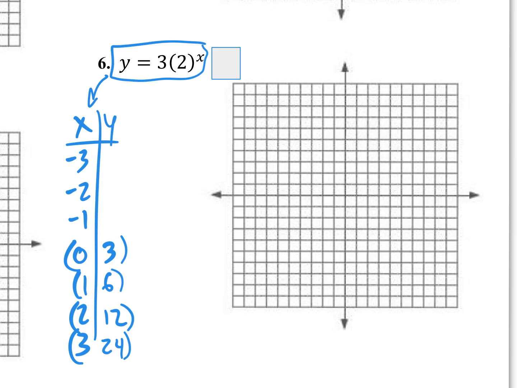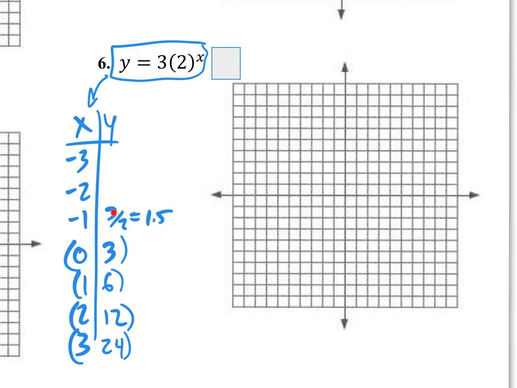Now, let's keep in mind that going this way, it was growing by 2. 3 times 2 is 6, times 2, times 2. Going backwards, it's dividing by 2, which is the same as multiplying by half. 24 times half is 12. Half of 12 is 6. Half of 6 is 3. What's 3 times half? If you do that on the calculator, that's 3 halves, 3 over 2, which is exactly 1.5, okay?